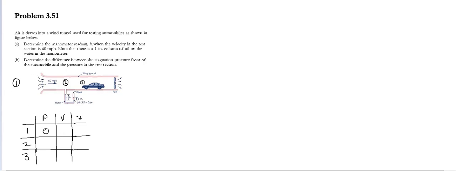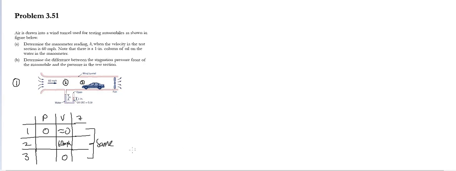It's only until it's being absorbed by the testing facility. So at this moment, it's also going to be 0. Over here, it's going to be 60 miles per hour. And over here is the stagnation point, so the velocity is 0. And the only thing that we know about the elevations, we consider them to be the same.